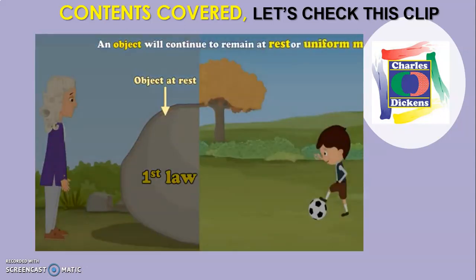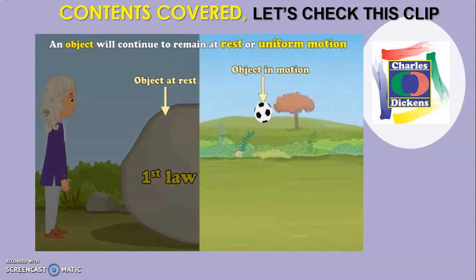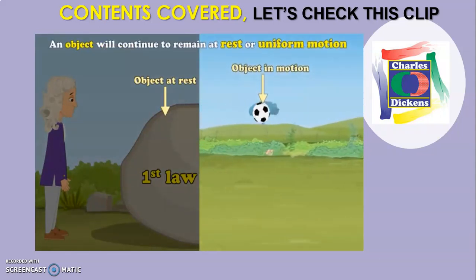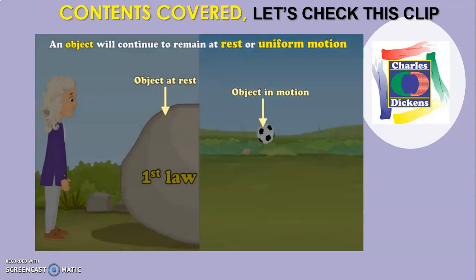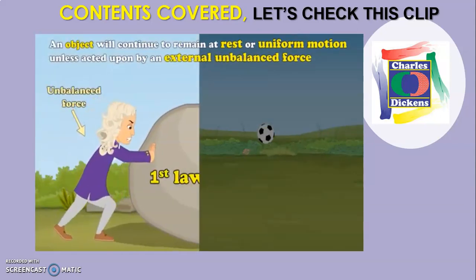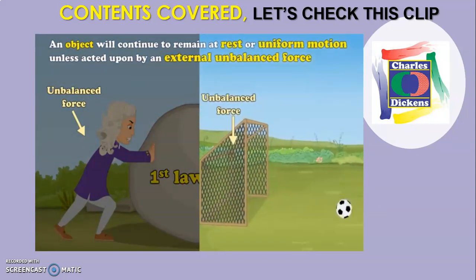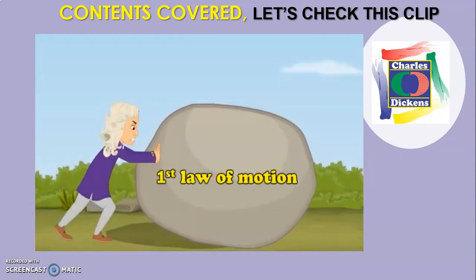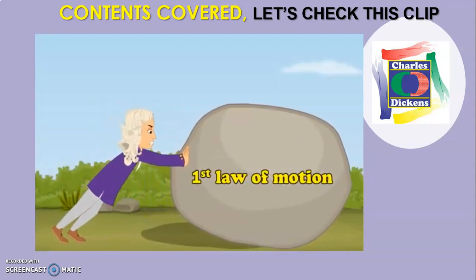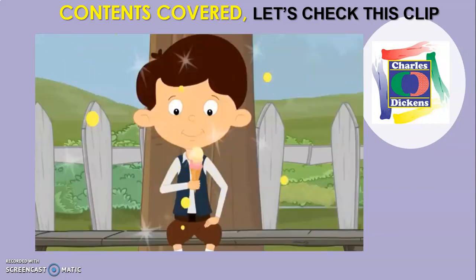If Isaac Newton didn't push the ball, it would remain standing still. An external or unbalanced force. This is an unbalanced force because they don't weigh the same. And this is an unbalanced force because it depends on the friction of the object. He finally managed to move the rock even though he fell down.